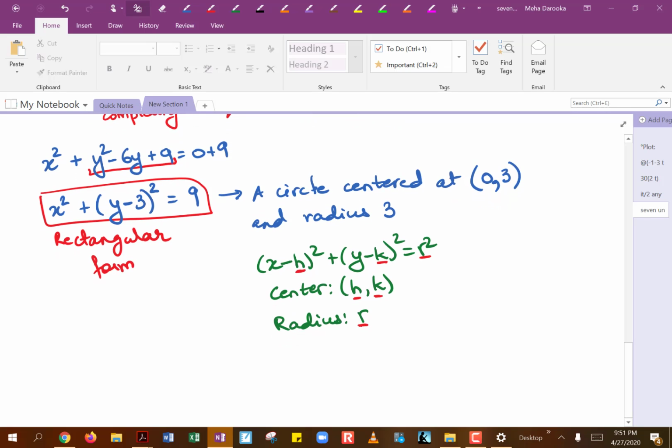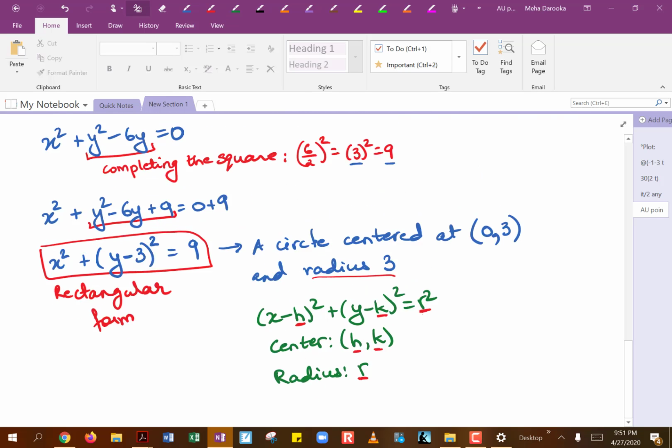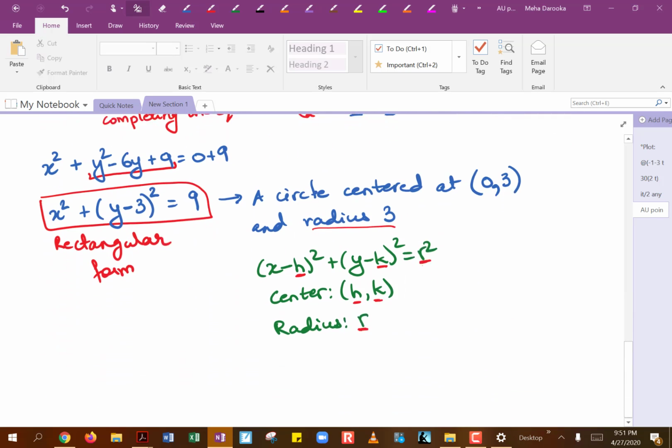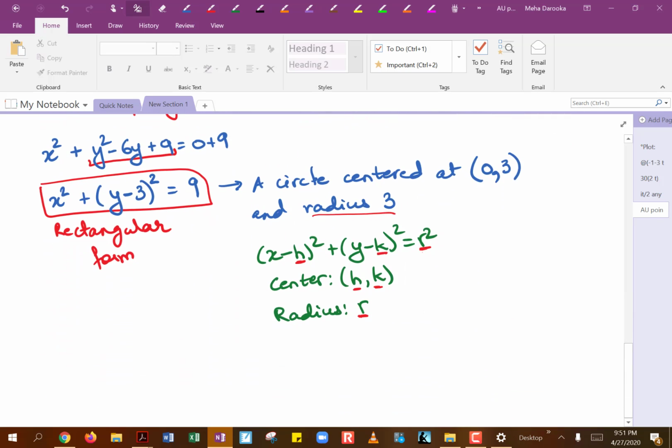Okay, now remember, this r value is not the same r value we are looking at here in our polar coordinates. We just use r as the variable for radius, but this r is not the same r over here. Unless you can show that it is the same r value, and I'll leave that for you guys to verify.